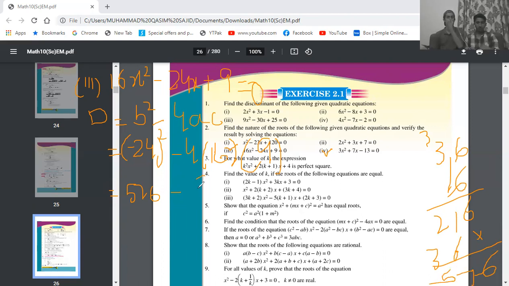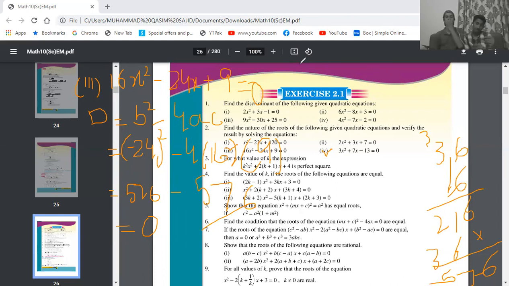So this value is also 576. So the discriminant equals 0. What does 0 mean? It means that the roots are real and equal.